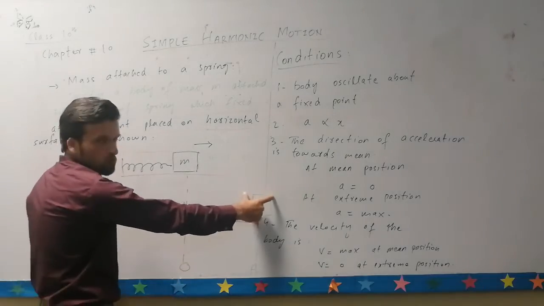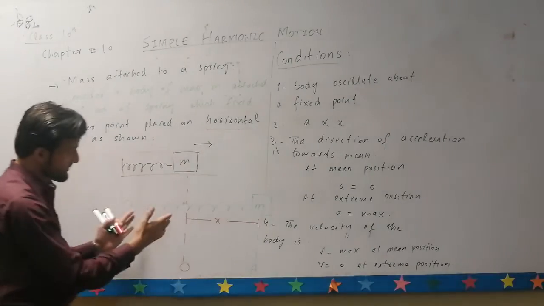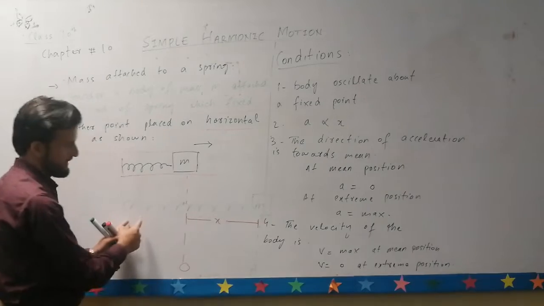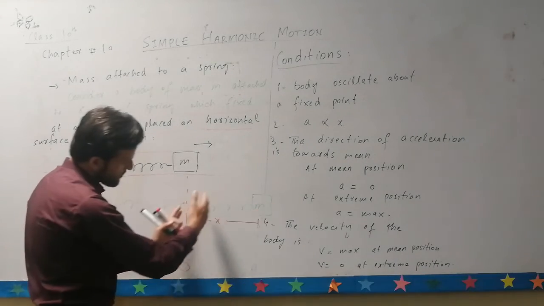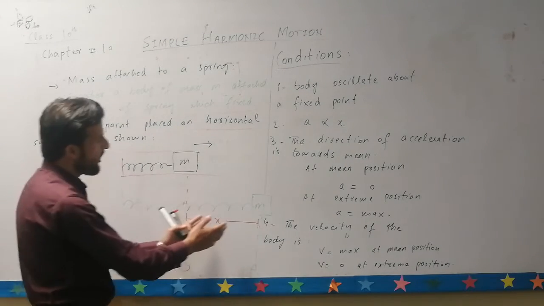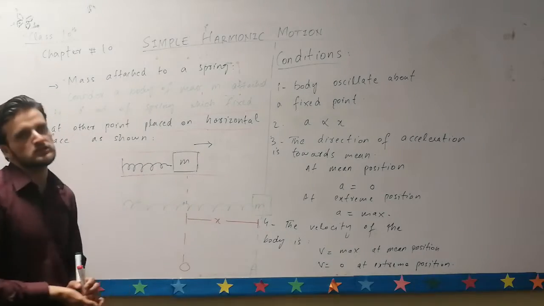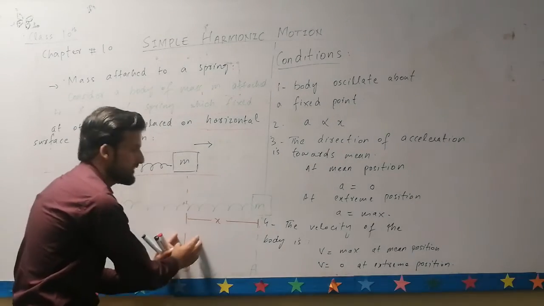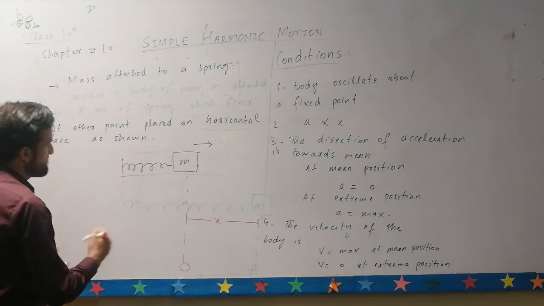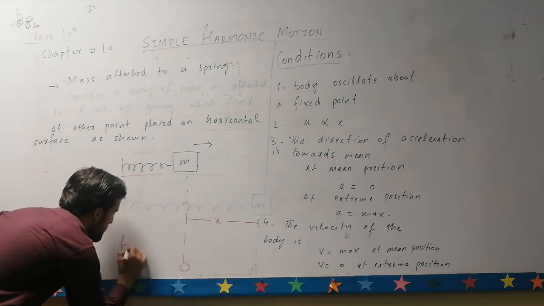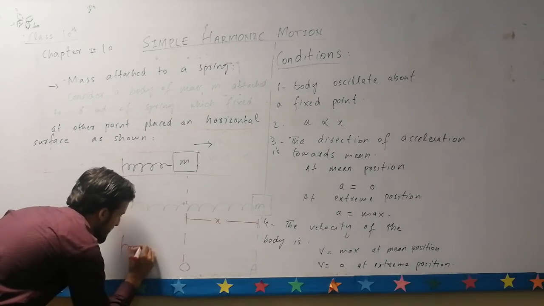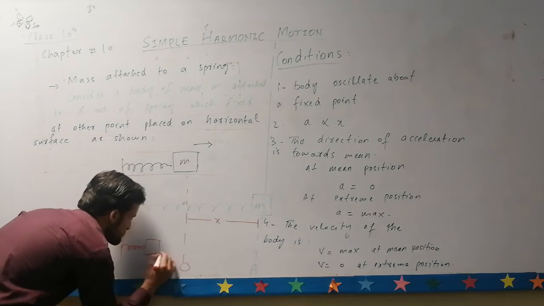When we release this object from point A, due to the restoring force produced in the spring, the body M moves towards its mean position. When it reaches its mean position, due to inertia, it doesn't stop here and it moves further. Here the spring is compressed and attains a new position.